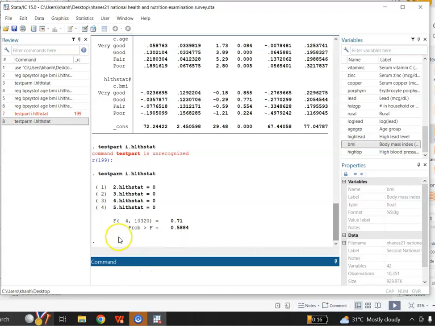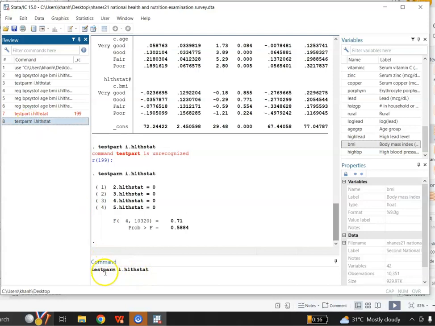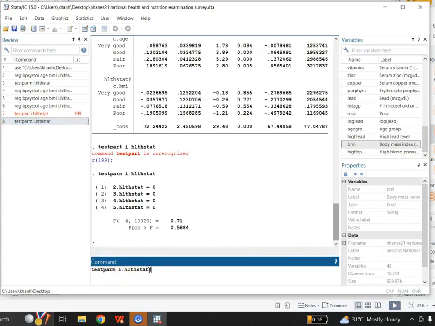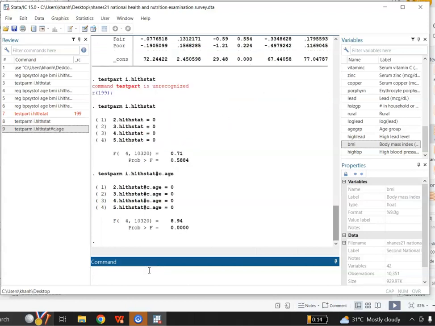Now I will also test another hypothesis of the interaction coefficients, and first I do this with age. So this p-value is less than 0.05, and this is the F statistic value, and it means that we reject the null hypothesis.